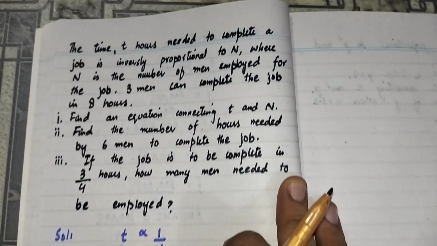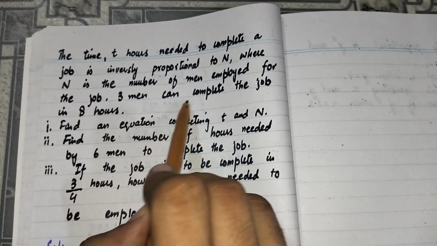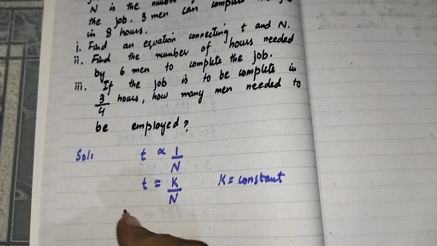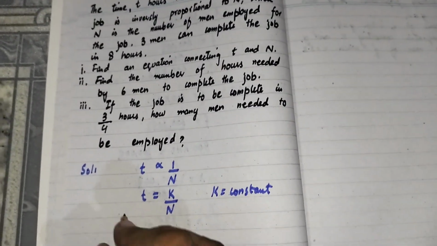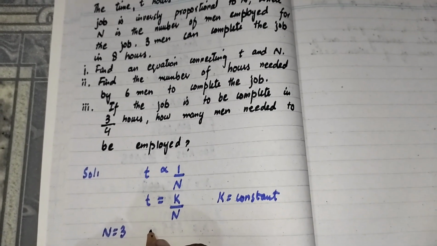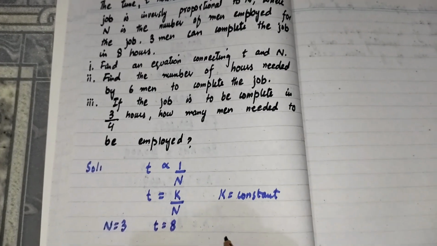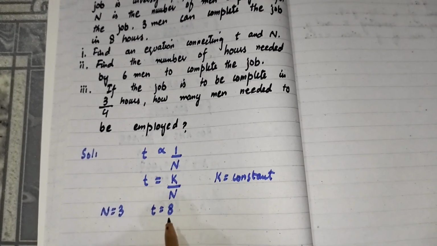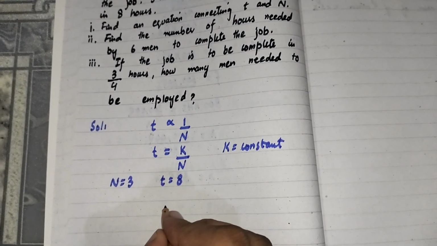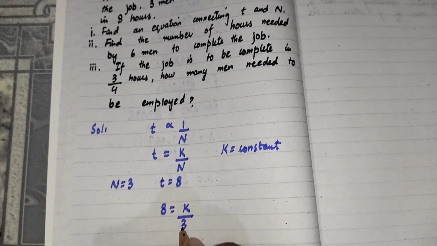Further in this question they are saying that 3 men can complete the job in 8 hours. According to the data, 3 men means the value of n is 3, and a job in 8 hours means the time is 8. So by using the values of n and t, we will first find the value of k. t is 8, which equals k upon n, and n is 3.